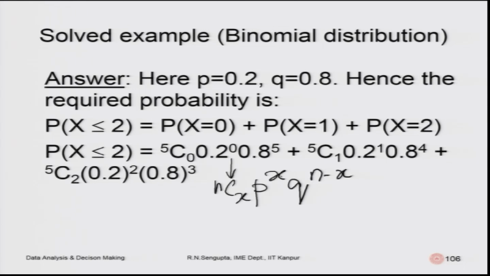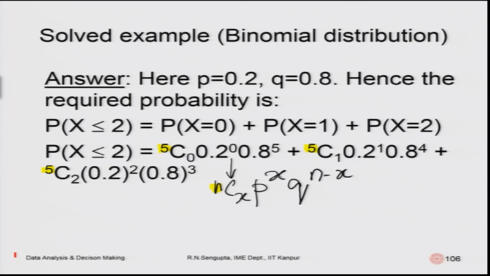So, we know n is 5. So, this is 5, which is n. I will also use a different color to highlight it. Now, I use a different highlighter, red.